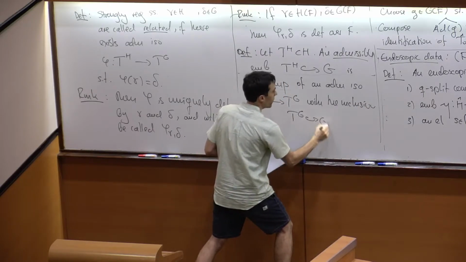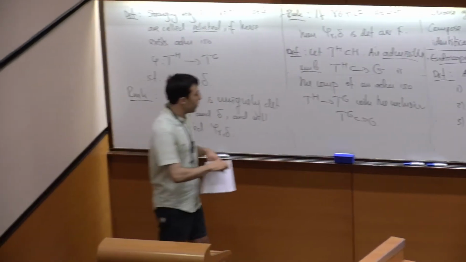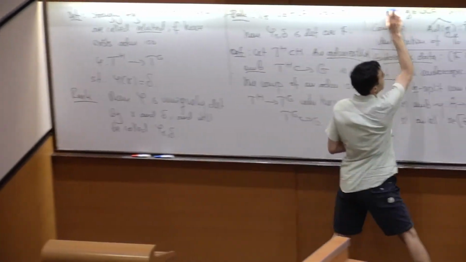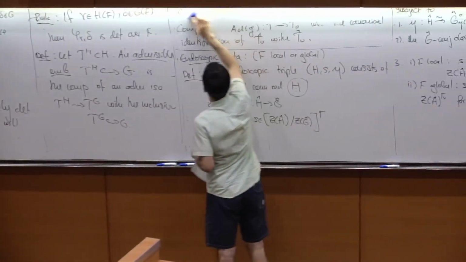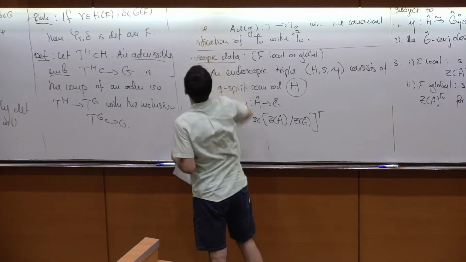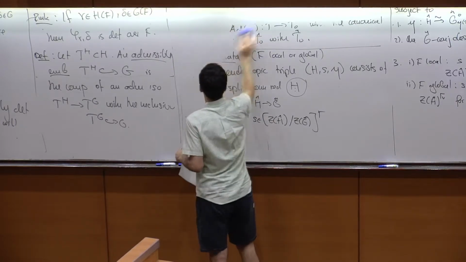Okay, but now I can write down the theorem, which is very, very useful and very important, about the existence of admissible embeddings.